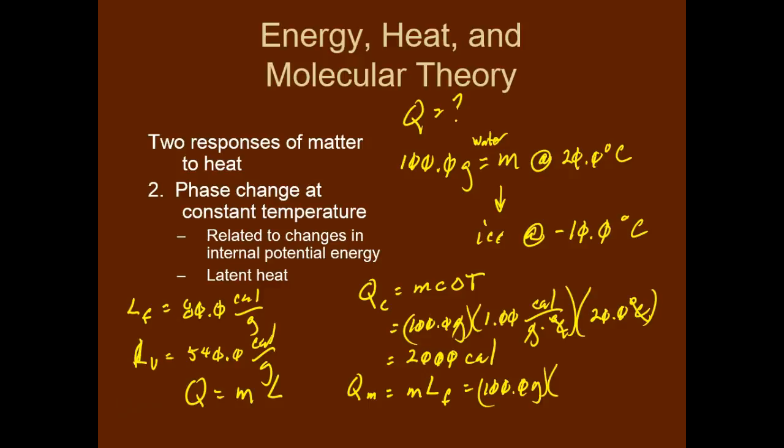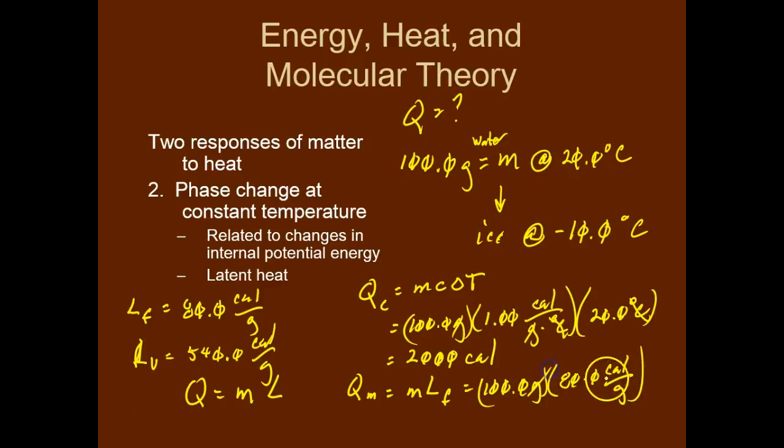It's on the screen too. You see it? No, that's the temperature. Latent heat of fusion. 80, right there. Latent heat of fusion for water is 80 calories per gram. So you multiply this by 80.0 calories per gram.